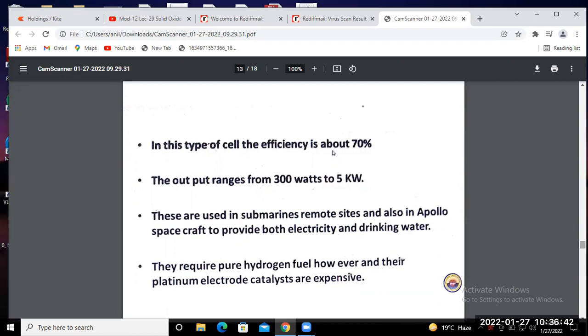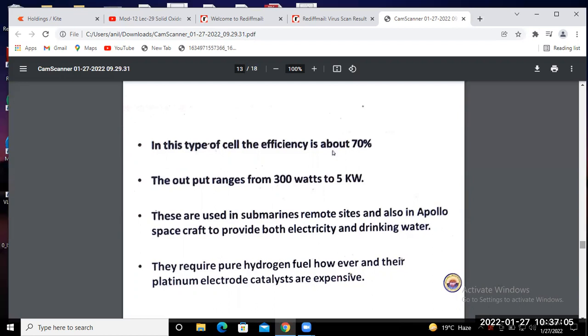So this is all about the alkaline fuel cell, their systematic arrangement, which type of material is used at the anode and cathode, and which is used as the electrolyte, and what their efficiency and power rating are for this type of cell.